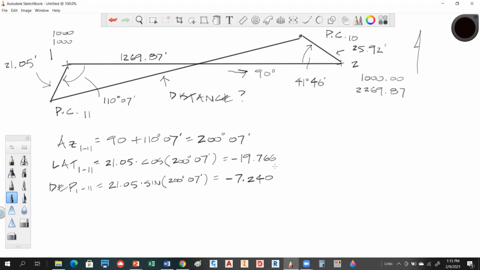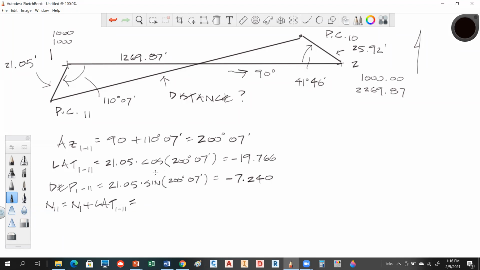I agree. Okay, so now we can solve very simply the northing of 11. It is going to be equal to the northing of 1 plus the latitude 1 to 11. And you can see all we're doing is subtracting that 19.766.